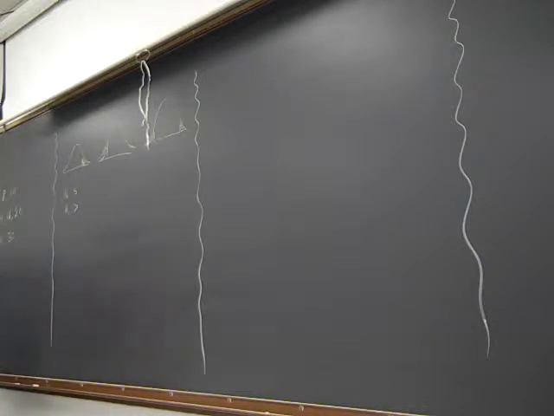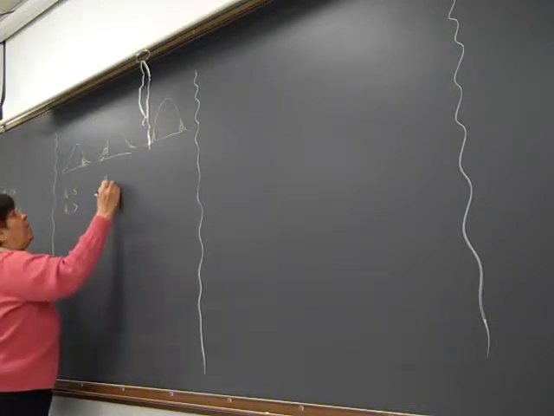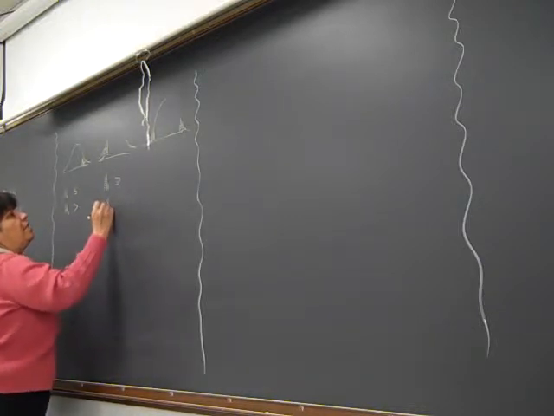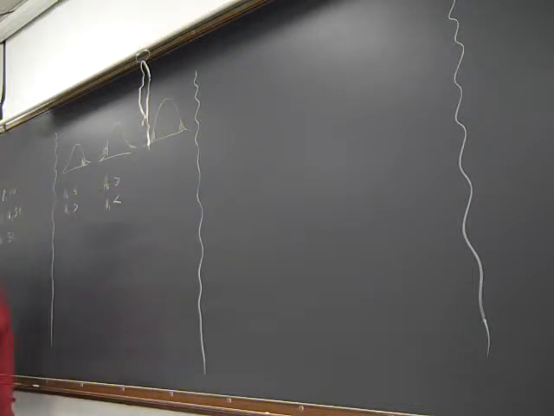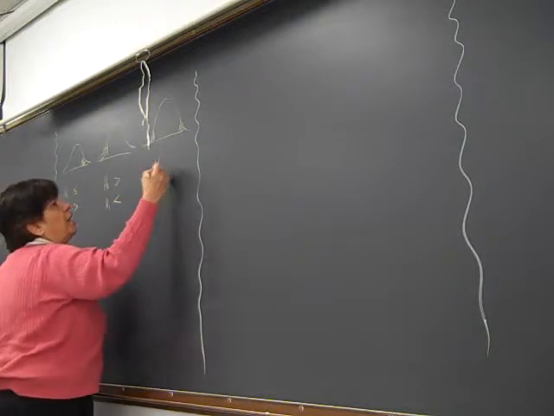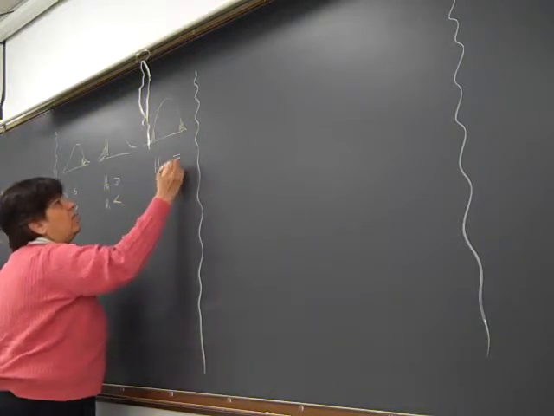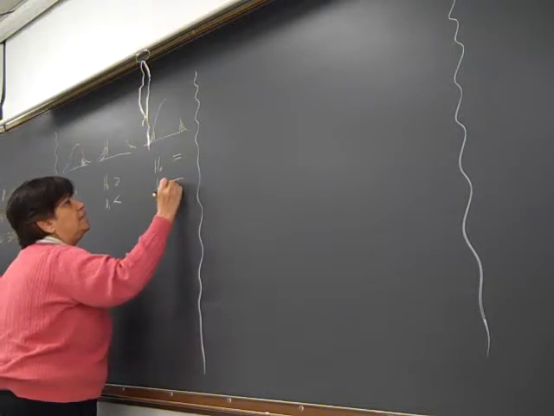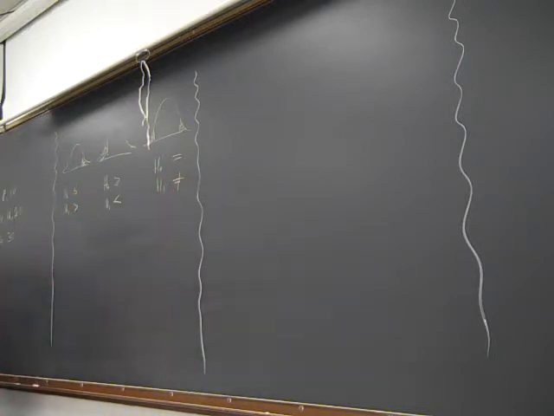We have the lower tail test when my null hypothesis has greater or equal, and my alternative has less. And we have the two tail test when my null hypothesis says equal and the alternative says not equal. Okay? So far so good.